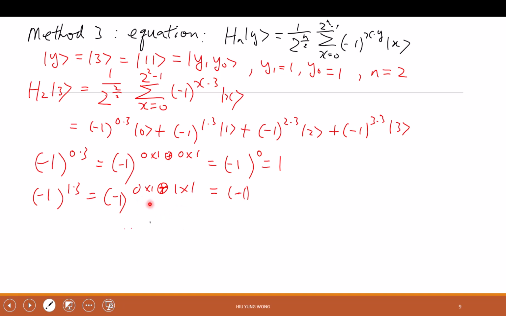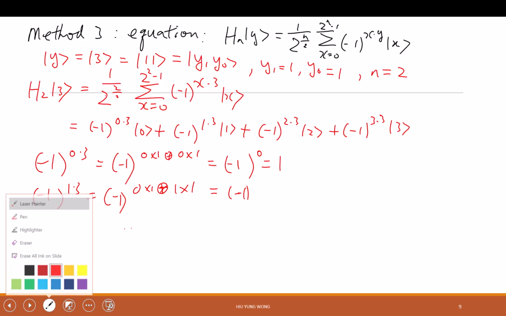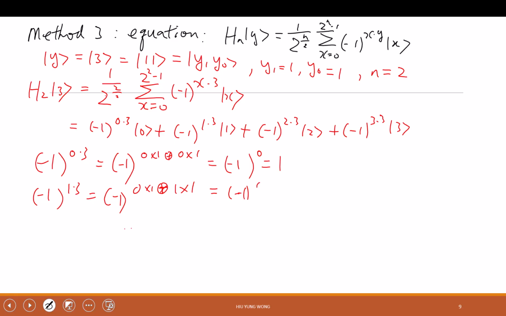I mean, after multiplication. 1, because it is 0. This is because we're doing exclusive OR, it's applied to both sides, right? So let me make it clear. This is 0 exclusive OR 1 equal to negative 1 to the power 1 equals negative 1. Similarly, what is 2.3?